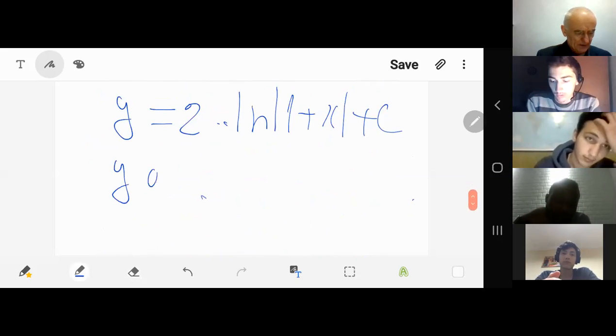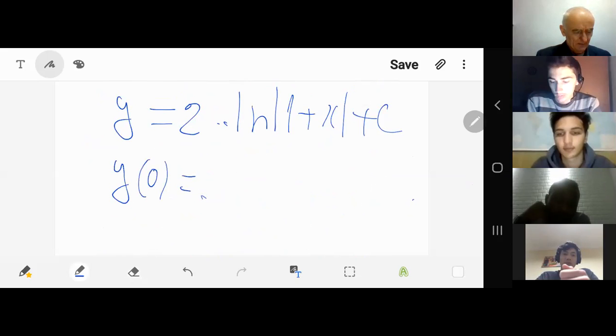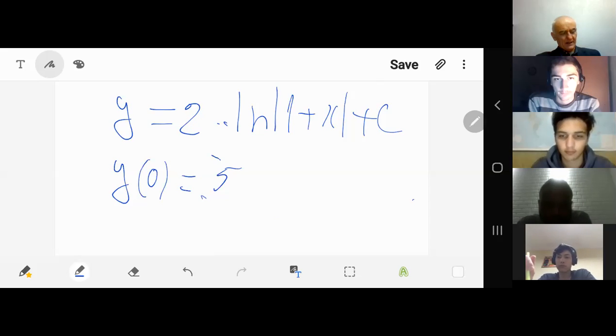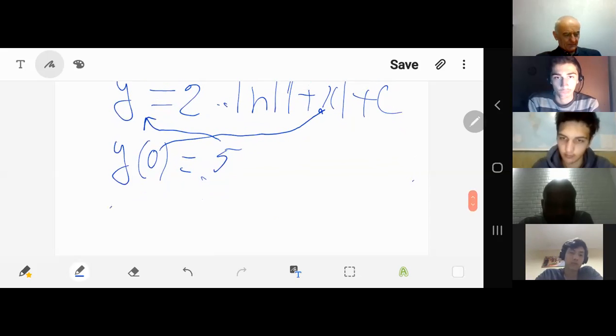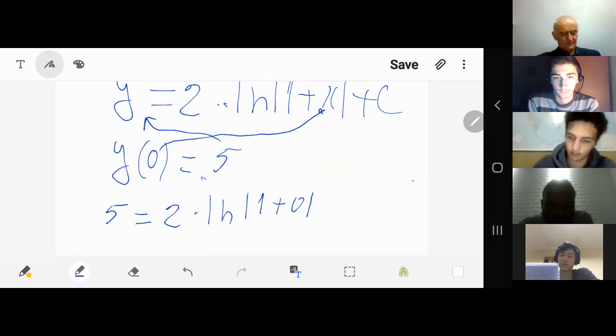So it means y I have to replace by 5 and x I have to replace by 0. So we have 5 equals 2 times ln(1 plus 0) plus c.